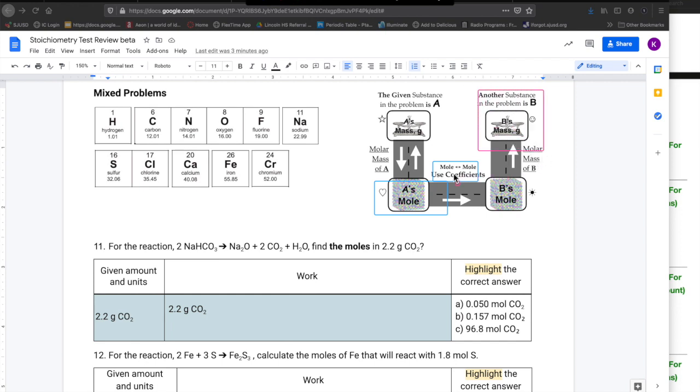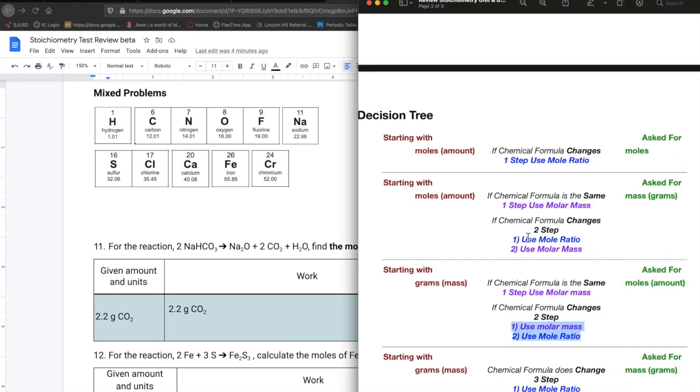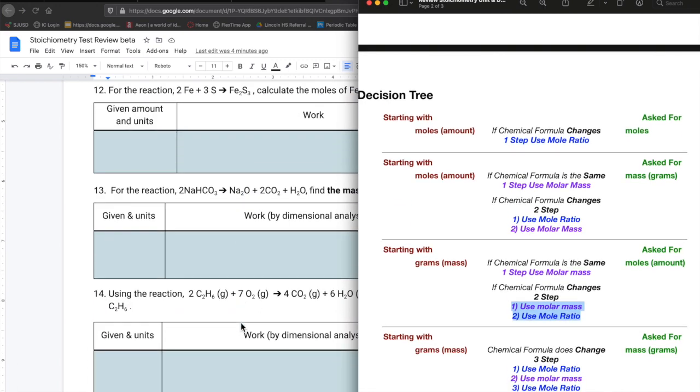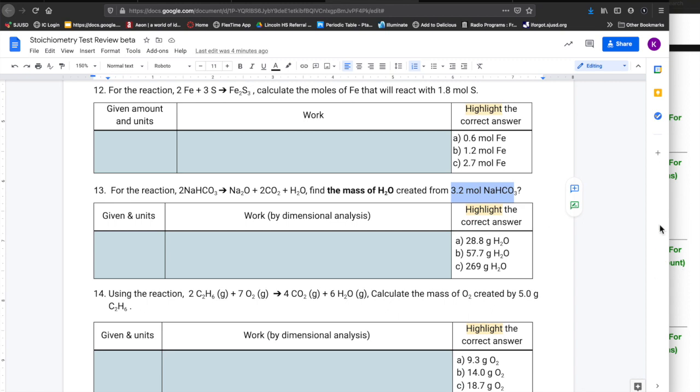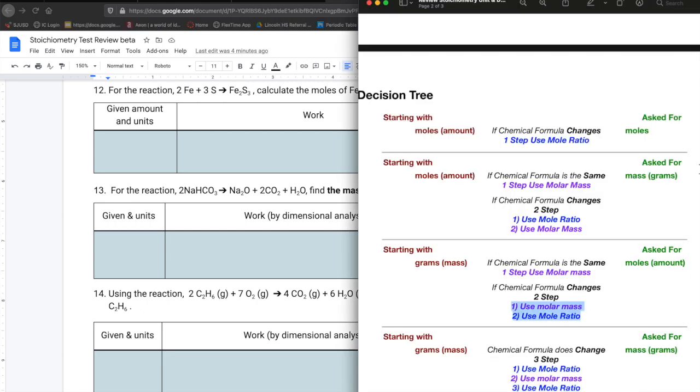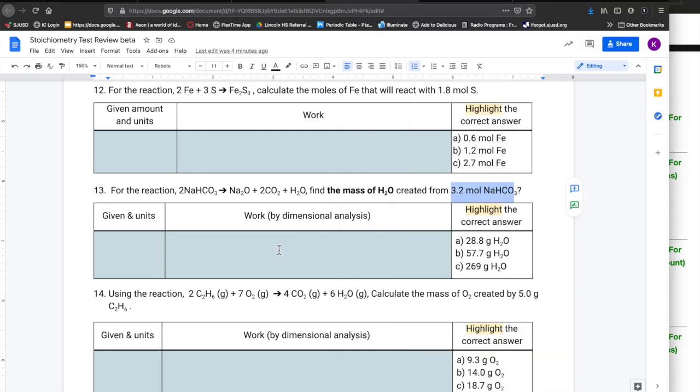So 2 steps, mole ratio followed by molar mass. On this one, we are starting with, find the mass. So we're starting with moles, and we're going to mass, and it says it's 2 steps, you start with the mole ratio.